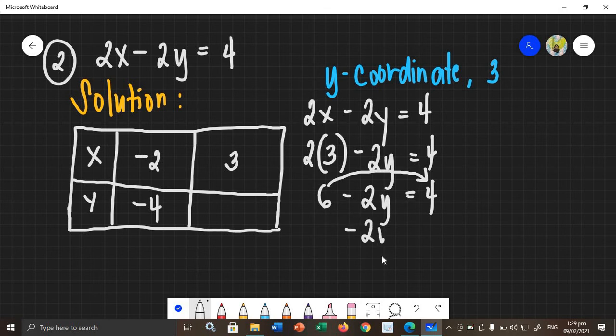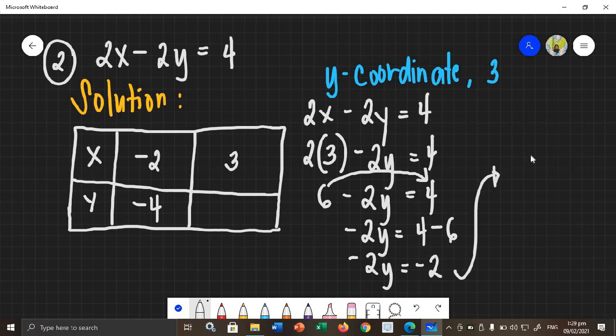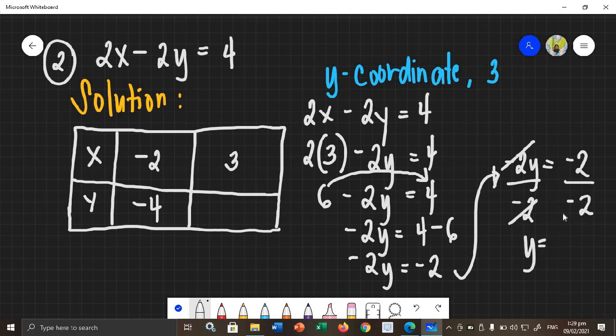So it will become negative 2y equals 4, positive 6 will become negative 6. Okay? And then negative 2y, solve natin 4 minus 6, that is equal to negative 2. And then continuing the solution here, we need to get rid of negative 2 beside y. So we need to divide both sides by negative 2. And then cancel. Y is equal to negative 2 over negative 2 is equal to positive 1.